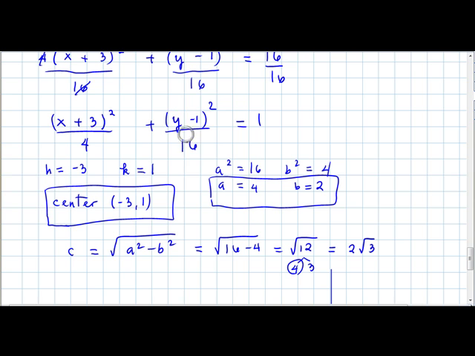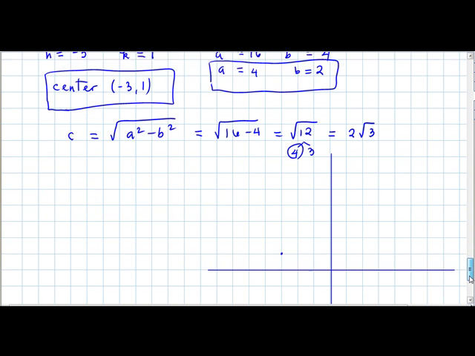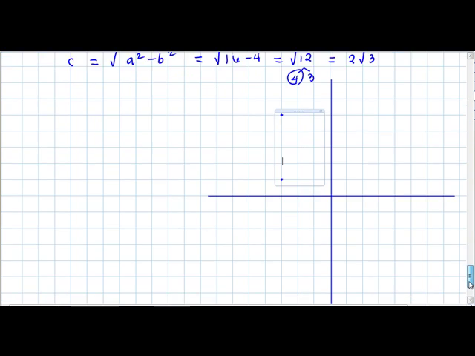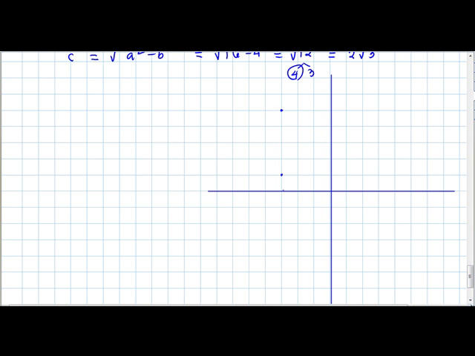So I have a vertical ellipse because my major axis is along the y-axis. So I know that from there I extend 4 units up, and then we extend 4 units down from the center, which is minus 3, 1 right here. So from 1, 2, 3, 4. So right here is my center.